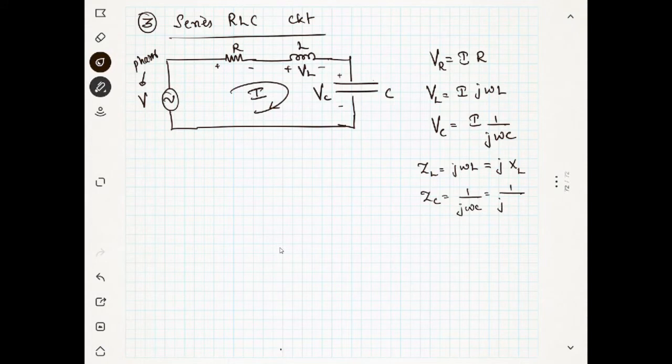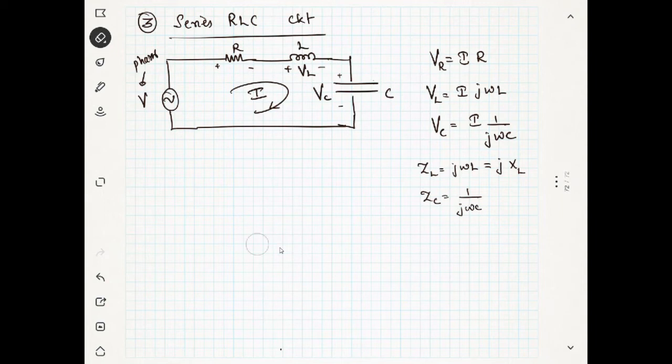That's also true. That is also how you can say it, this notation, ZC is 1 by j omega C.